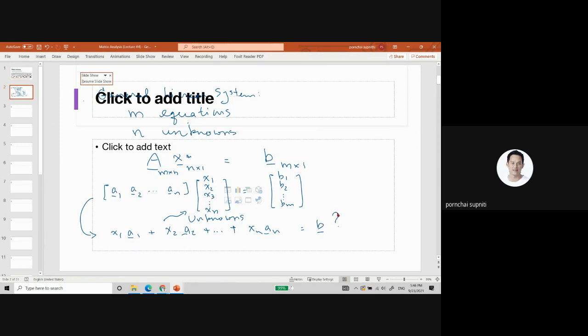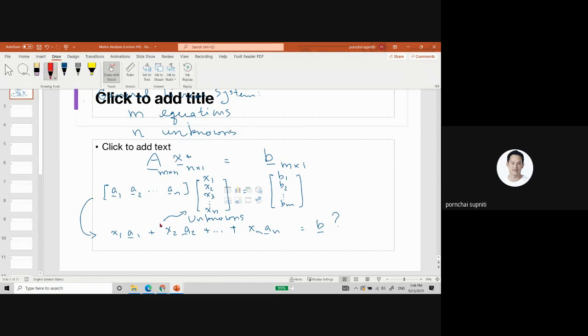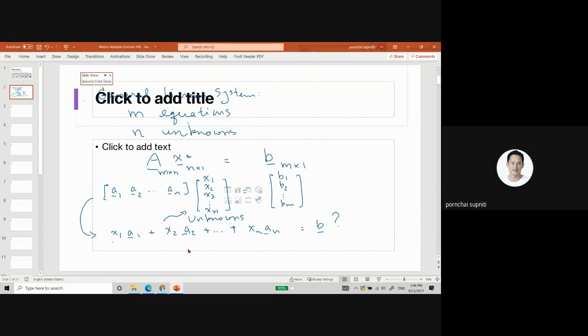So when would the solution exist? If you write it like this, you will notice that the left-hand side has the same definition as what we saw earlier, which is the column space.